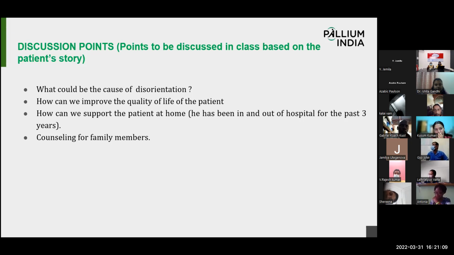So this is also important. And exercise. If you do the exercise, that will improve the blood circulation and we can prevent pressure ulcer. So we can always give a wrinkle-free bed for preventing pressure ulcer and preventing delirium. Yes, very true. Thank you.